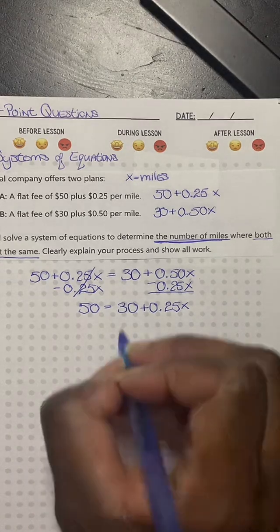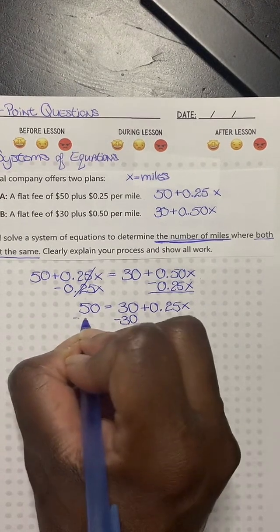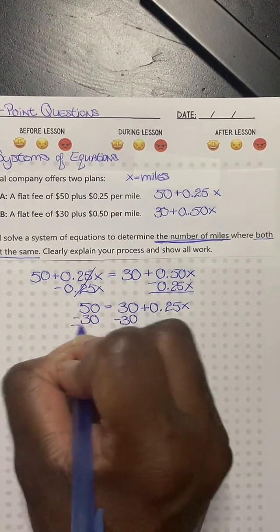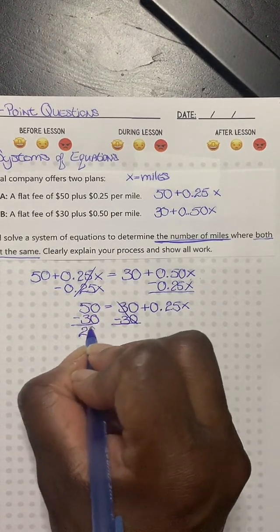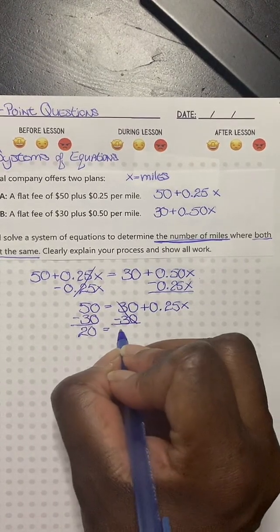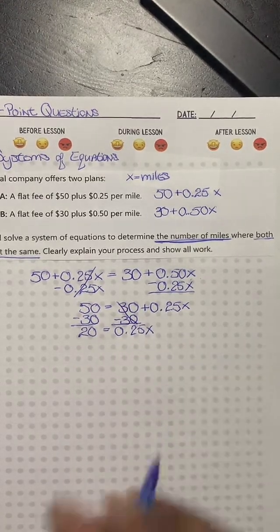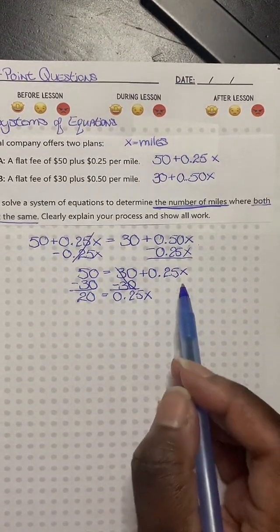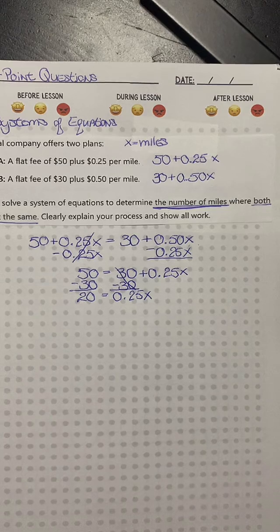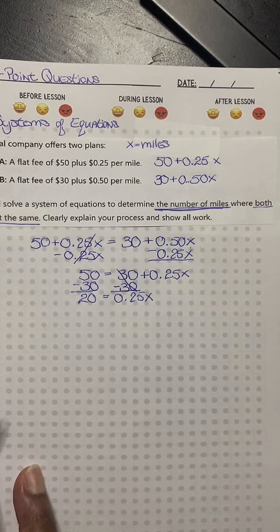Now I need to subtract 30, because remember, the goal is to isolate our variable. This gives me 20 is equal to 0.25X. Our goal is to isolate our variable; we really want to know our unknown number.